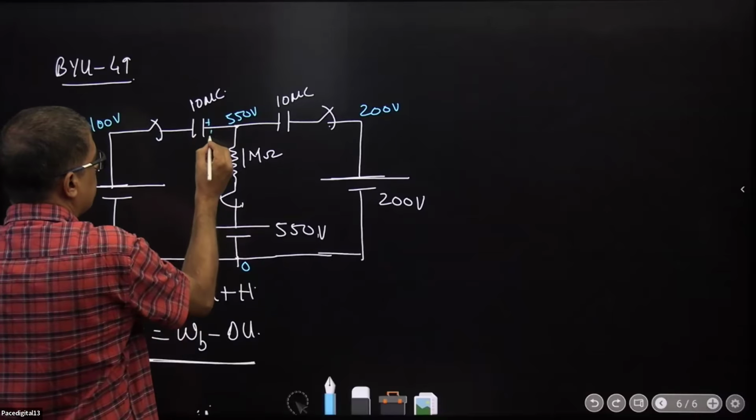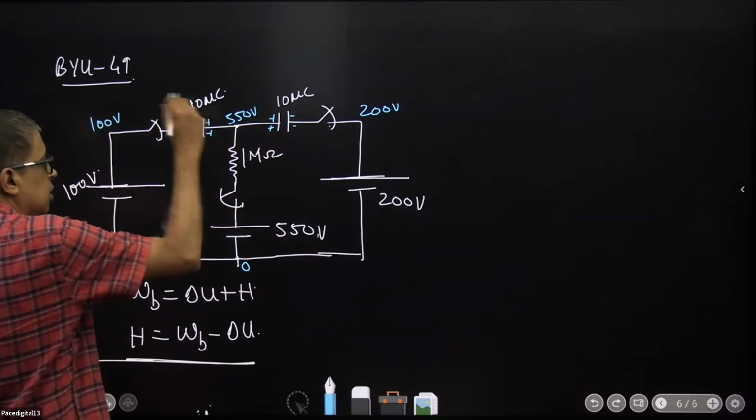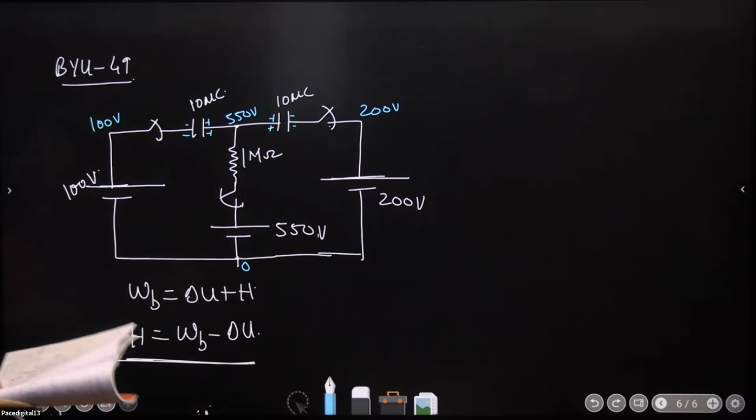Now I take this to be positive, this negative, this positive, negative. You know the charge on both capacitors.